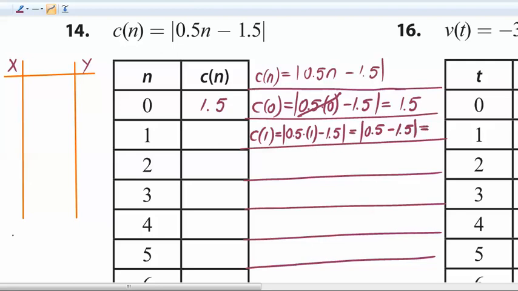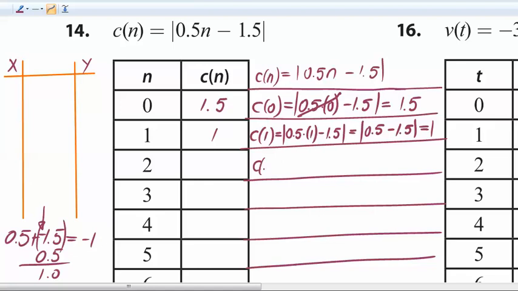Here, if I'm performing that, 0.5 minus 1.5 equals negative 1. When you subtract 1.5, you add the opposite of 1.5, which is negative 1.5. The rule says subtract the smallest absolute value, so 0.5 from 1.5. That gives you 1.0, and keep the sign of the largest one, which is negative. This will be negative 1. But because it's absolute value, you will get 1. And this is what C of 1 equals, right?